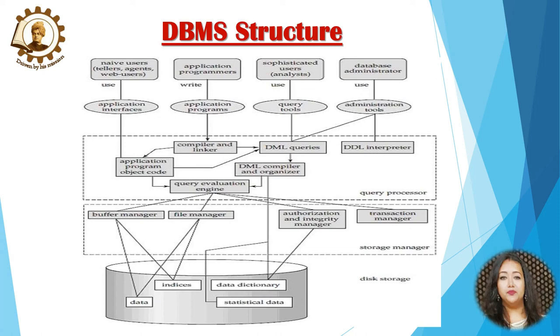Authorization and Integrity Manager tests for the satisfaction of integrity constraints and checks the authority of users to access data. Whereas Transaction Manager ensures that the database remains in a consistent state despite system failures and that concurrent transaction executions proceed without conflicting.